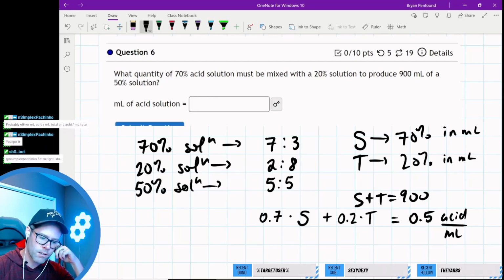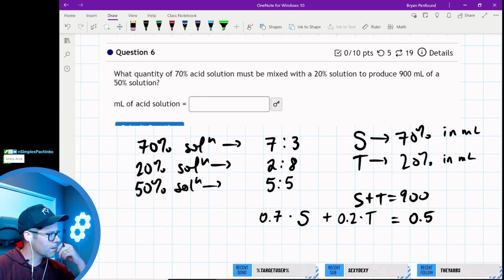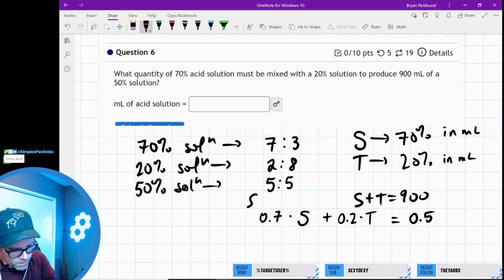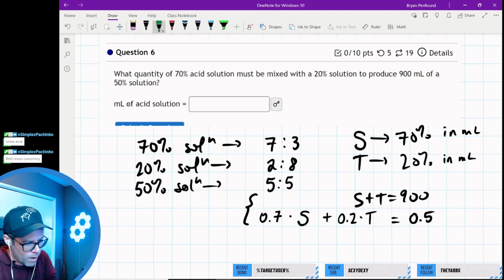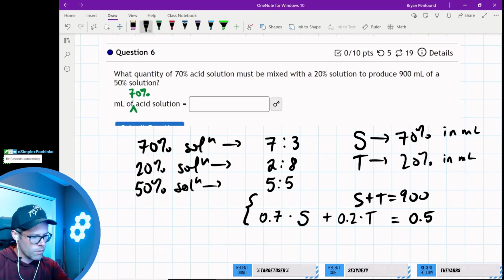So 70%. Yeah. Units to acid or something like that. So I think this is probably what they're looking for. And then they want us to solve this. Yeah, and I think probably what they want to say here is milliliters of the 70% solution. So yeah, I do agree with you there.